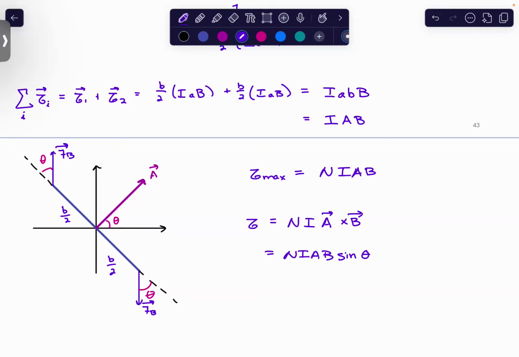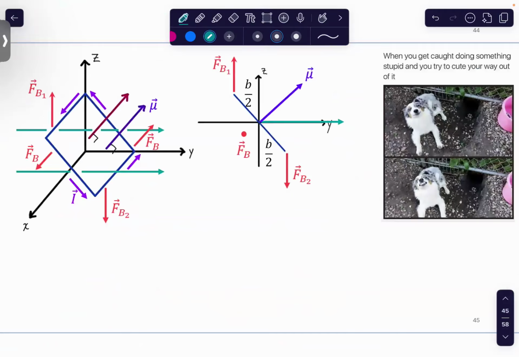But we come across a new quantity. We have a new quantity: the Greek letter mu.